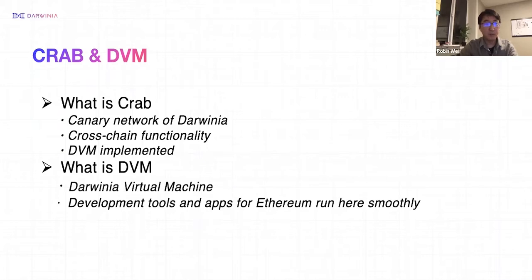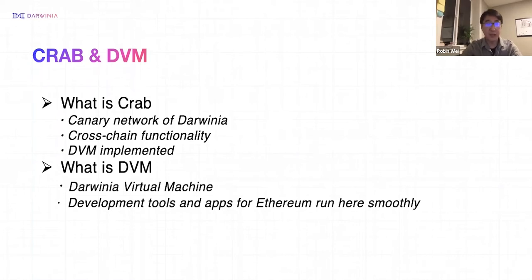In addition, the cross-chain functionality of Crab makes it easy to replicate their success to Polkadot ecosystem and other networks. Crab is not a testnet. Its token has real value, which means successful projects can benefit their developers financially.